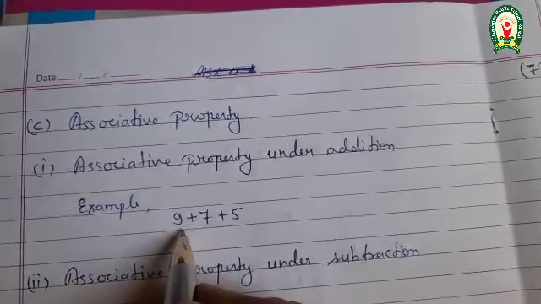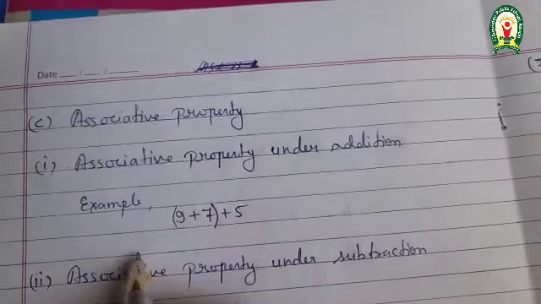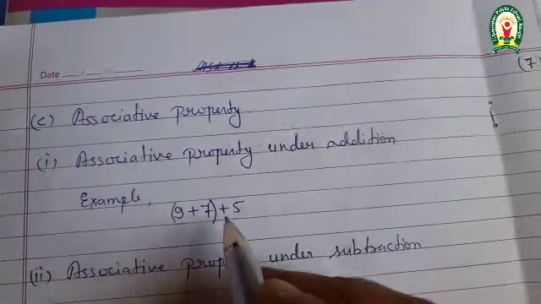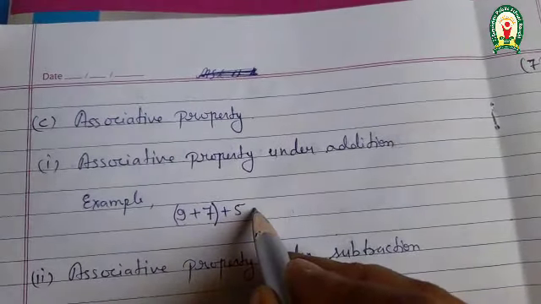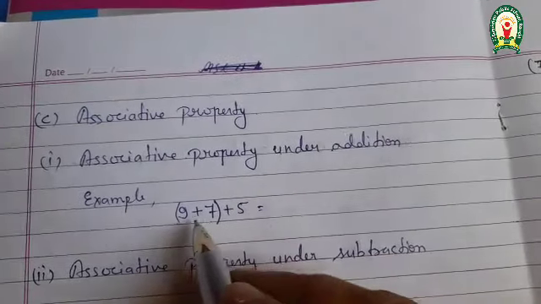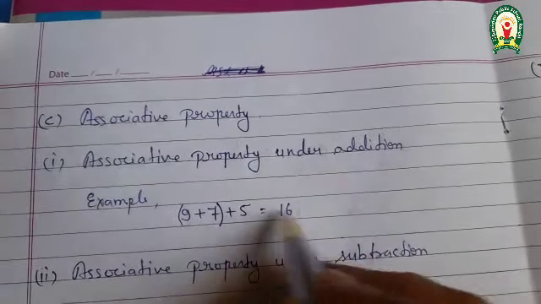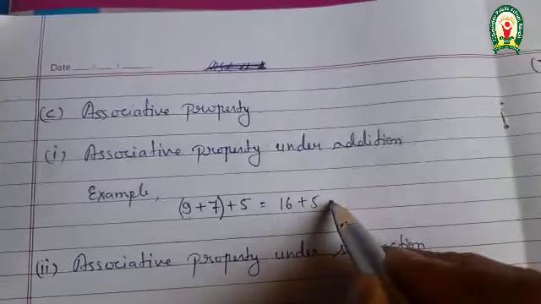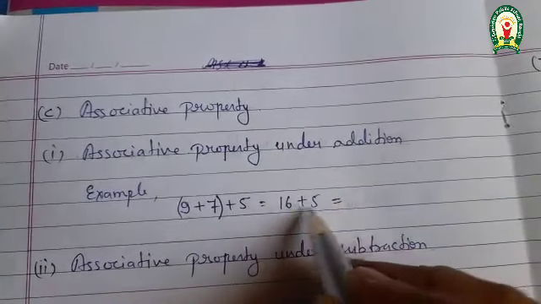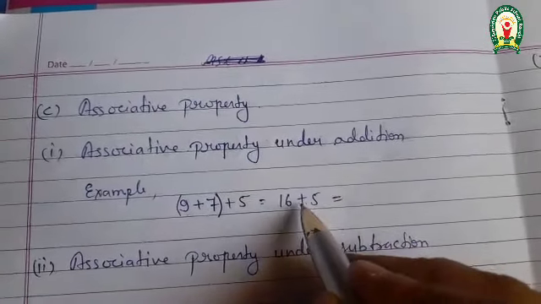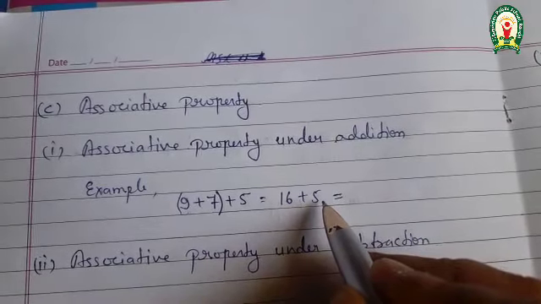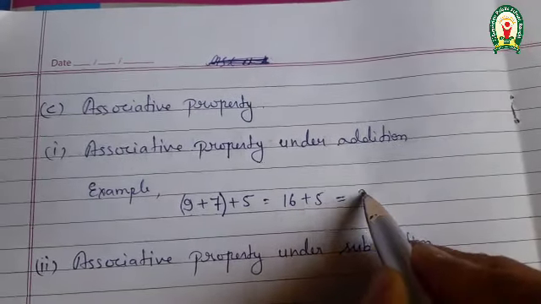First we take 9 plus 7, that is 16, and then plus 5. Next step we get 16 plus 5, 21.